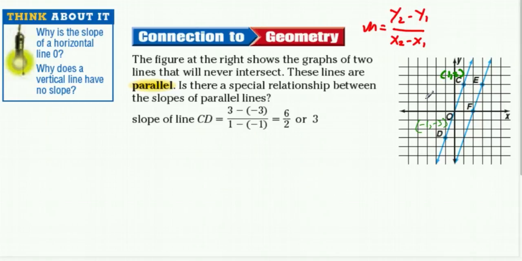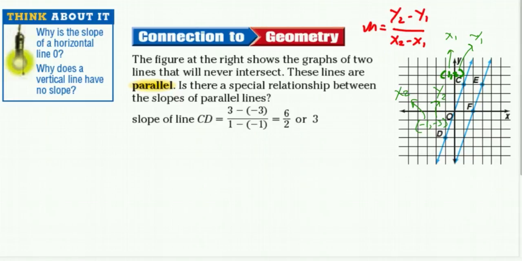Okay, and let's use point C as x sub 1, y sub 1. So we label this as x sub 1, this as y sub 1, this as x sub 2, and this as y sub 2. Okay?